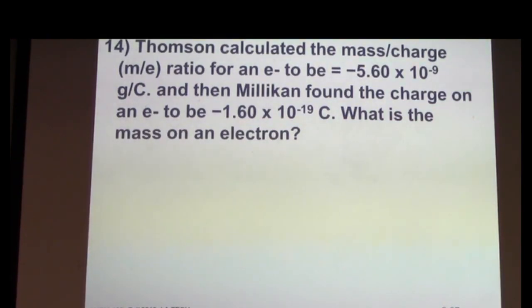Mass divided by electronic charge is 5.6 times 10 to the negative 9, and electronic charge is 1.6 times 10 to the negative 19. So the mass of the electron is what? 5.6 times 10 to the negative 9, multiplied by 1.6 times 10 to the negative 19.